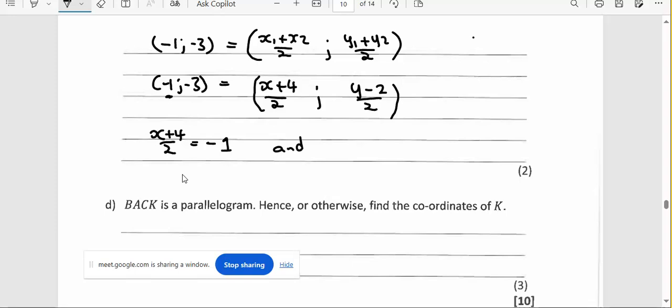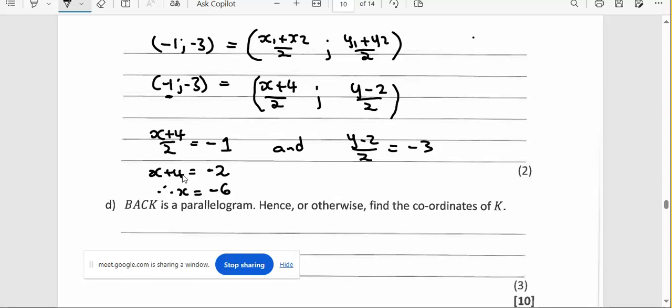And if we take the y minus 2, we divide it by 2, it should give us the y coordinate of the midpoint. Then now this side we just have to solve for x. So x plus 4, we cross multiply by 2. This will give us -2. Therefore x is equal to, the 4 will come this side to be negative, which will give us -6 as the value of x.